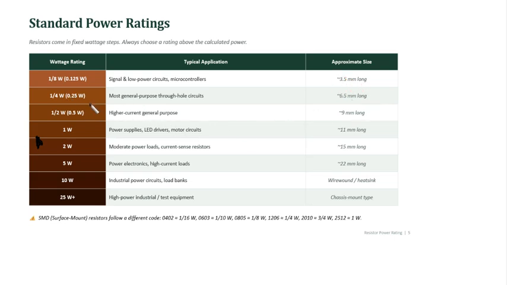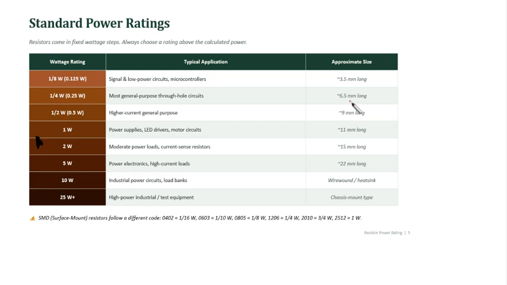Then we have the 1 over 4 watts, most general purpose through hole circuits. These are their sizes typically. It is with experience that you can look at the size of a resistor and tell the power rating. At the beginning, you might need to consult the data sheets or the documents that come with the resistor to know what the power rating is.